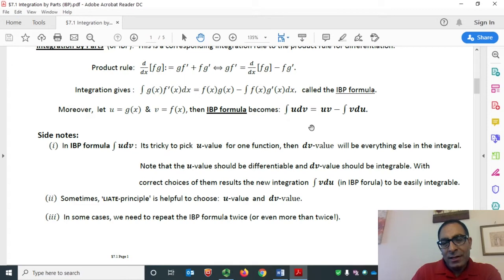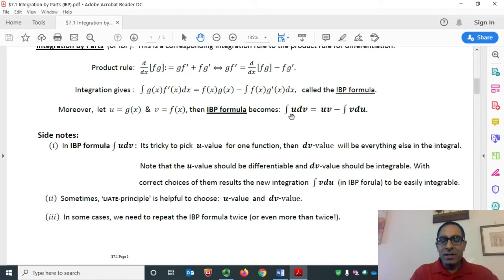There are four values in our IBP formula: one is u, one is dv, one is v, one is du. Once we pick u and dv from the given integral, we can find du by taking the derivative of u, and we can find v by integrating dv.